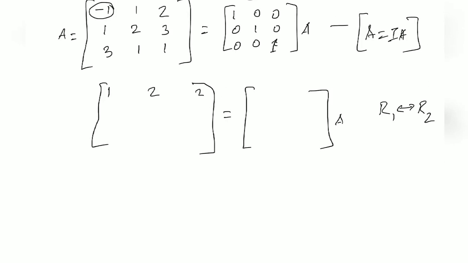I have done this step because in the 1, 1 position of the identity matrix there is obviously a 1, and I can see a 1 in the R2 first column position. That's why I have interchanged, so that we can achieve the first element correctly. So this is the first step to achieve the first element correctly.